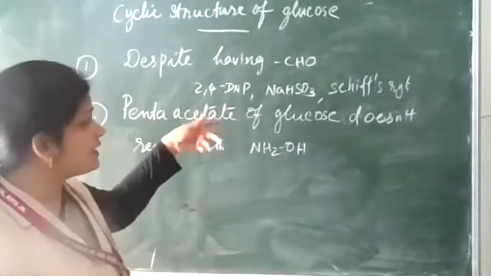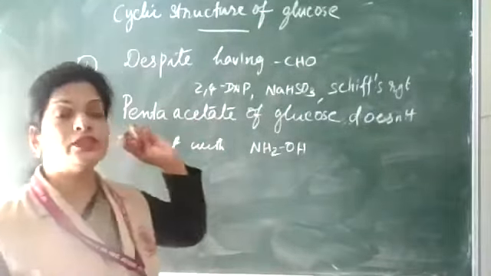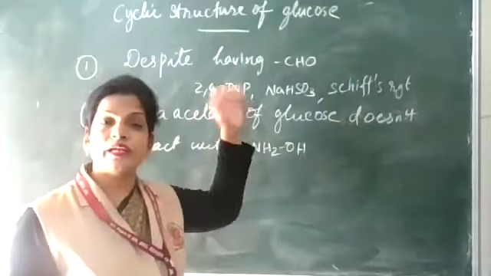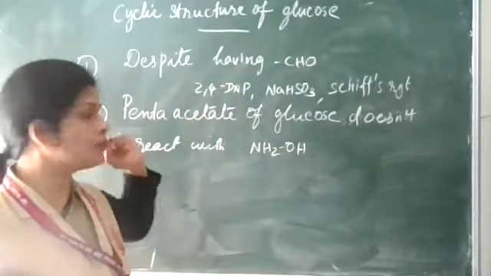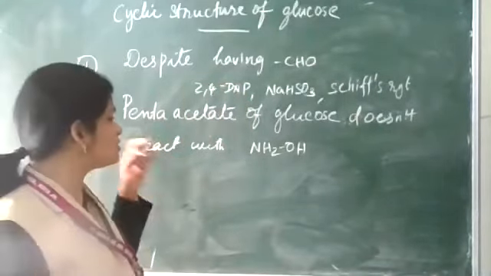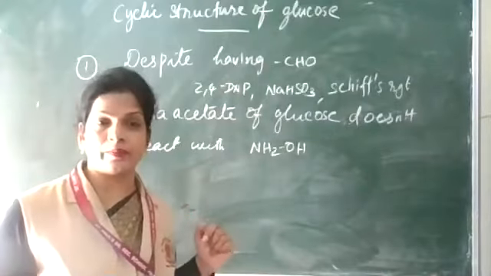So despite having an aldehyde group, glucose does not give the test of the aldehyde group, the test of the carbonyl group. Pentaacetate of glucose does not react with hydroxylamine.